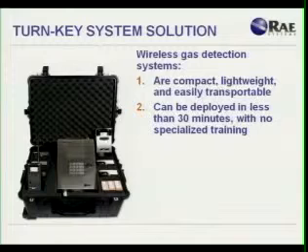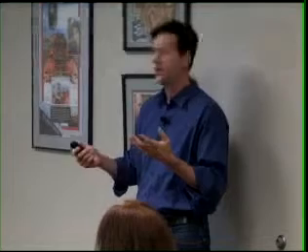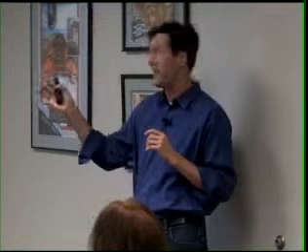As the rigs move around from location to location, or as conditions change on that rig, these systems can easily be moved, easily be deployed, and it doesn't even require any specialized training. You simply take the detectors out of the box, turn them on, the radios are smart enough to self-configure, and all that data gets reported back to that controller. So literally within 30 minutes you can deploy or redeploy a system, and you really don't need any specialized training.